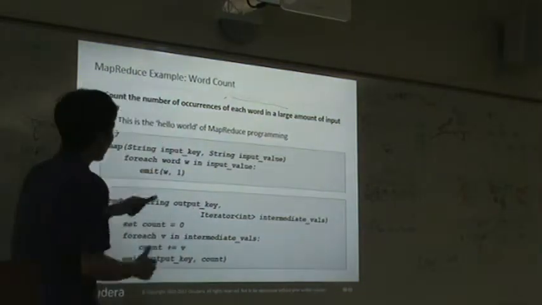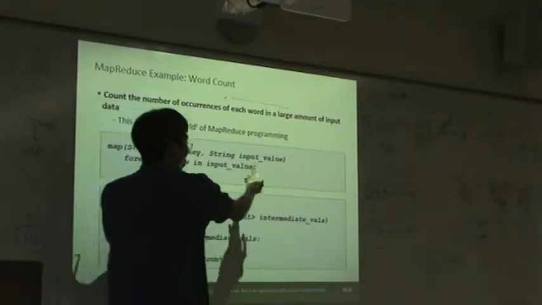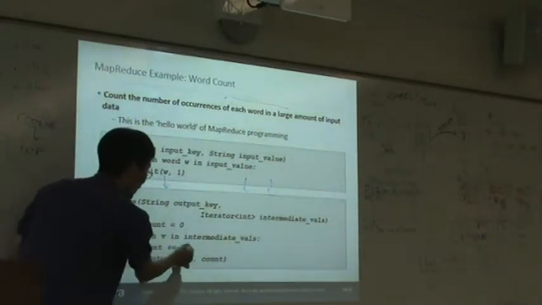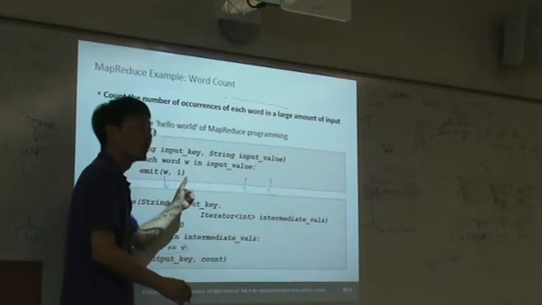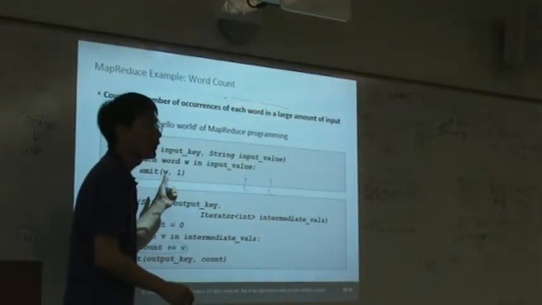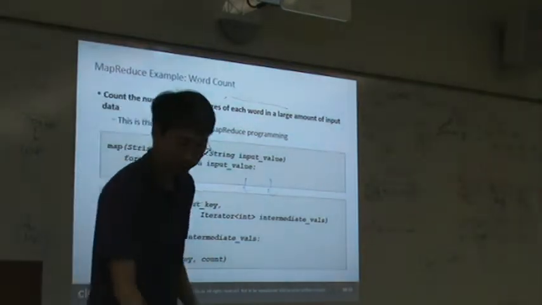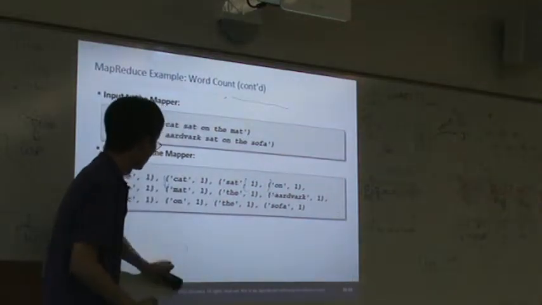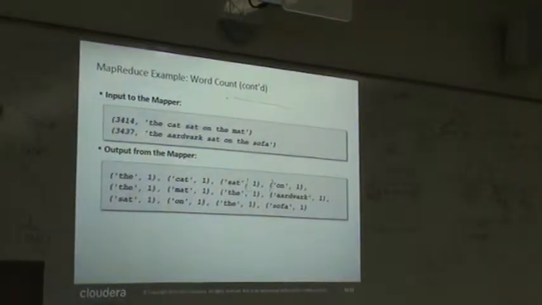Then after we receive all of these word, one pairs from all the mappers, the reducer will sum the values by key, the same key. And that's it. That is the word count. So we will see that logic with the real data.